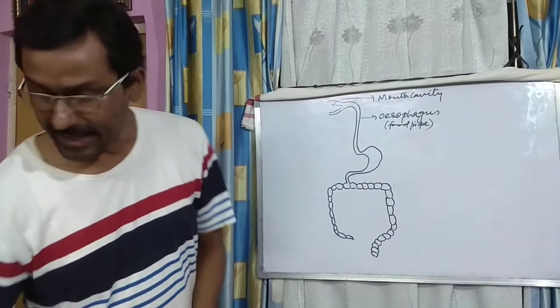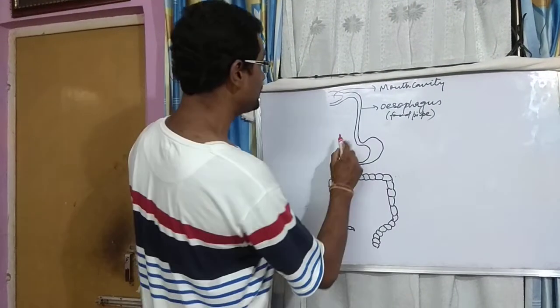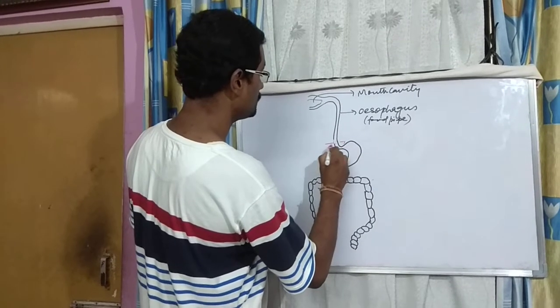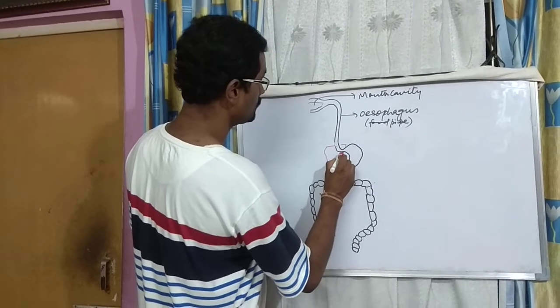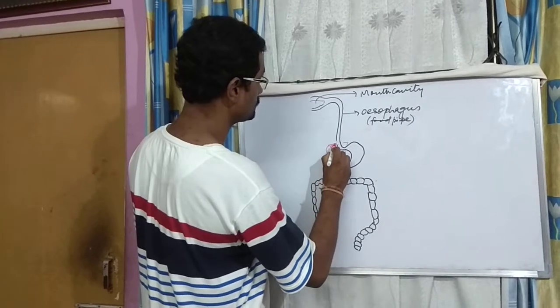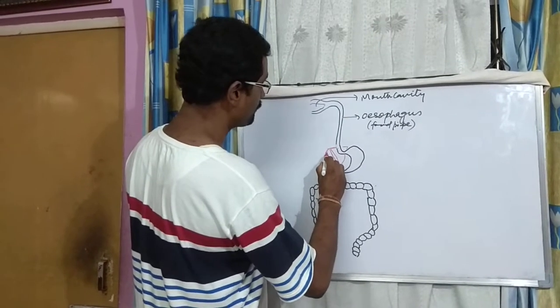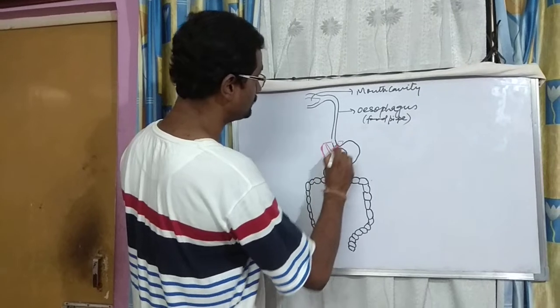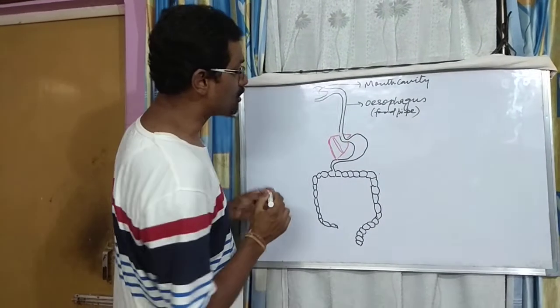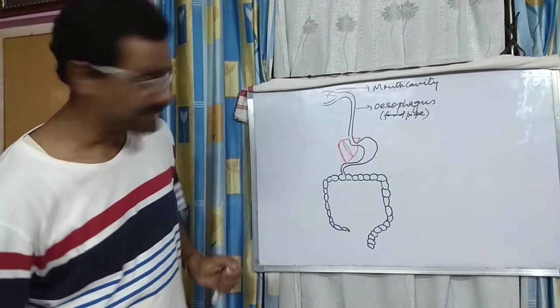Now, another thing that I have shown you here, can you get the diagram? This one is the liver. Now, our discussion will be from the stomach that we have left.